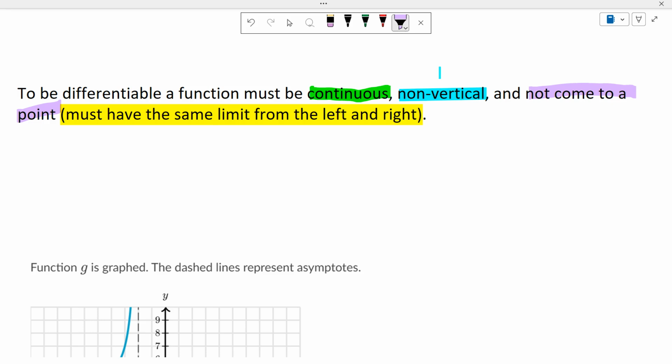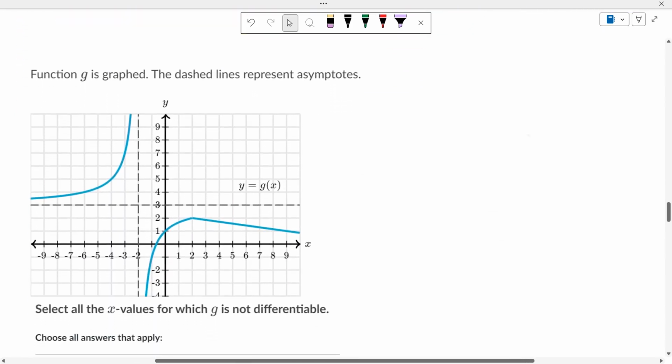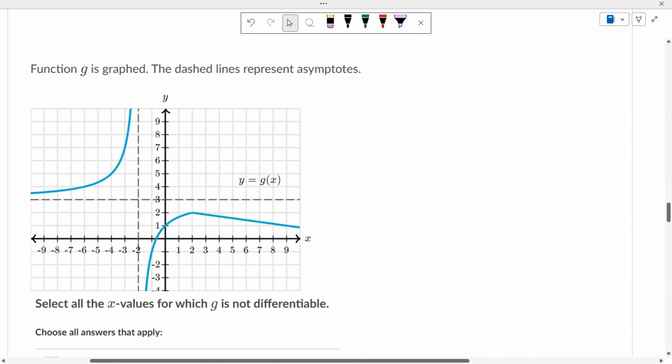So we're going to look at graphs when we do this. All right. So a line like this will have a derivative everywhere from -9 up to -3 with no problems because it's a smooth curve.